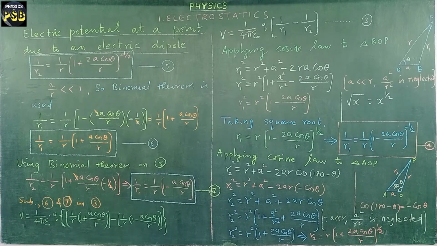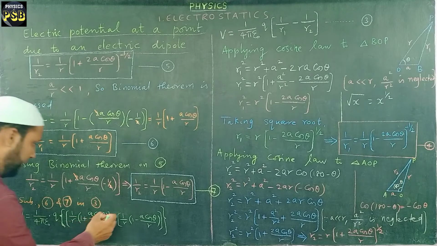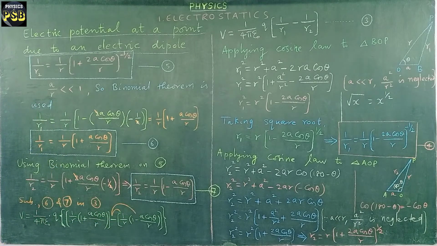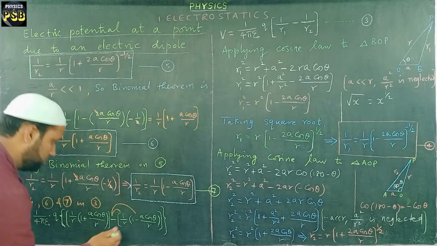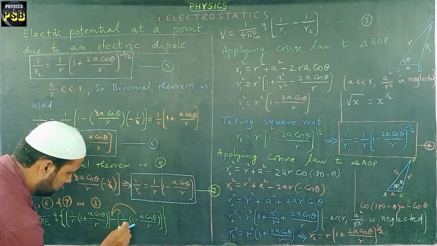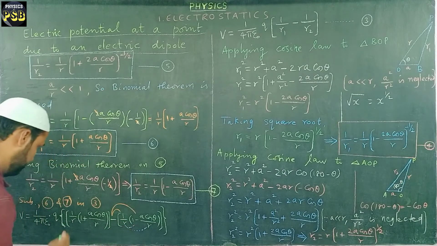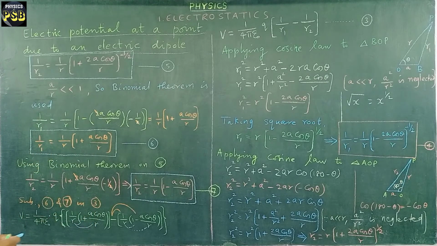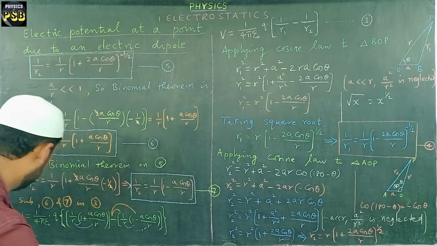Now the minus is multiplied with each term. So what will I get if I do so? First, 1 upon R is just multiplied with each term. This same thing here as well. Then this term is multiplied with this. Let's see what we get by doing so.